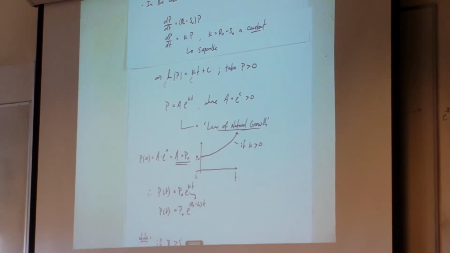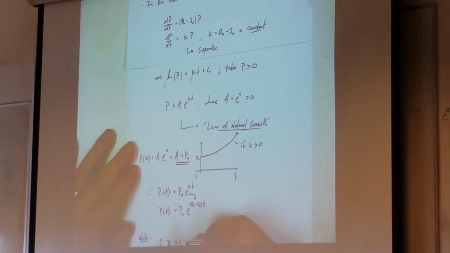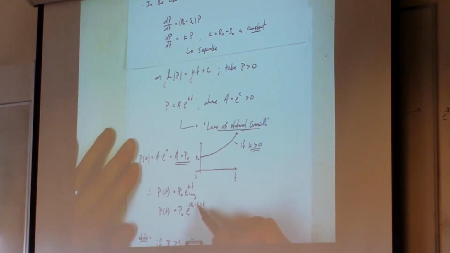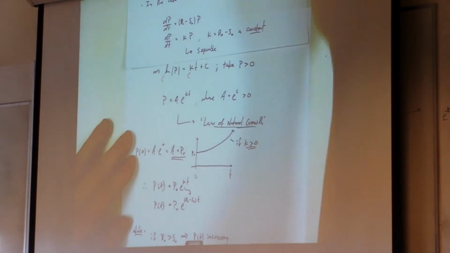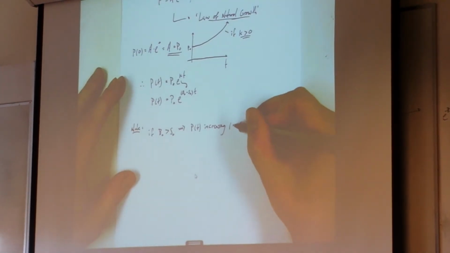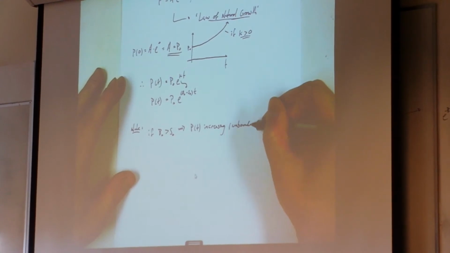It's greater than 0, and we get e to the positive kt. If that constant K is greater than 0, then the population is increasing. In fact, it's increasing unbounded over time. So that might not be very realistic.